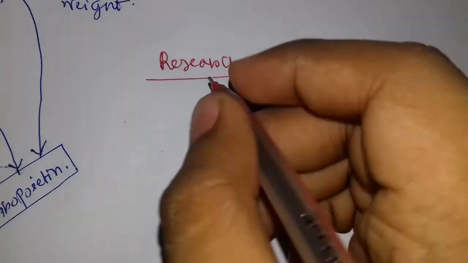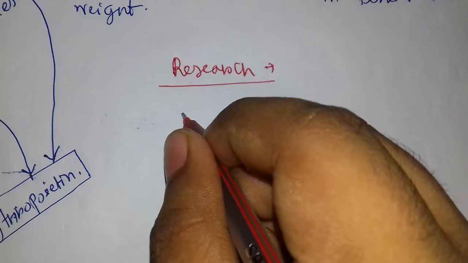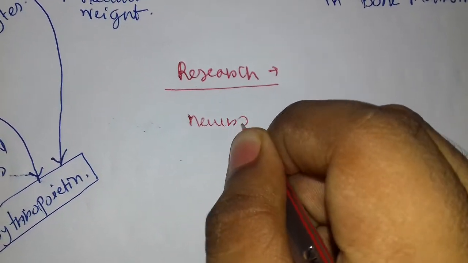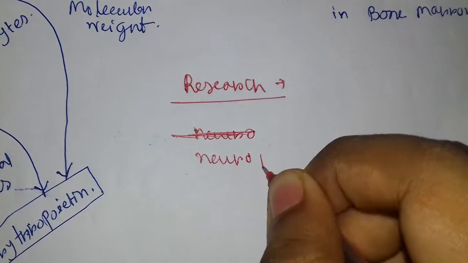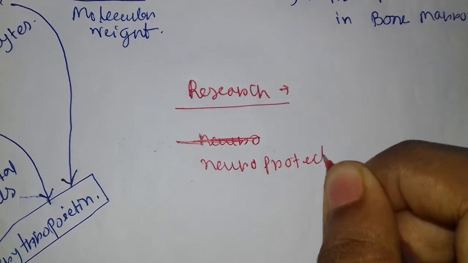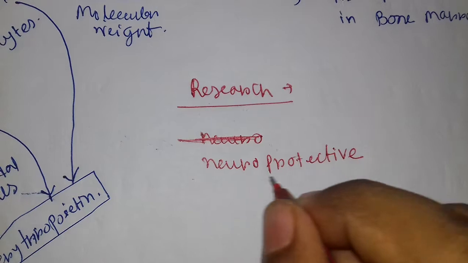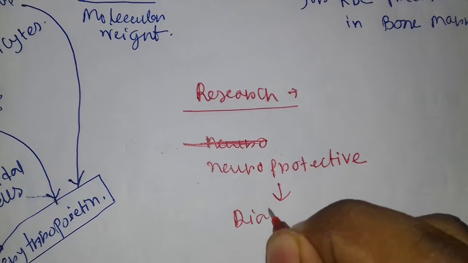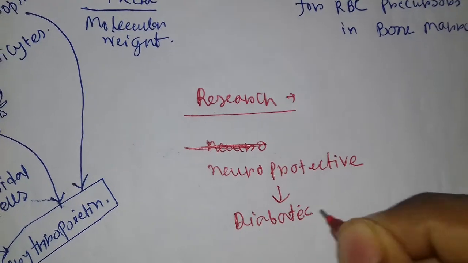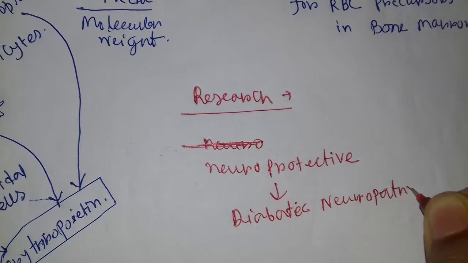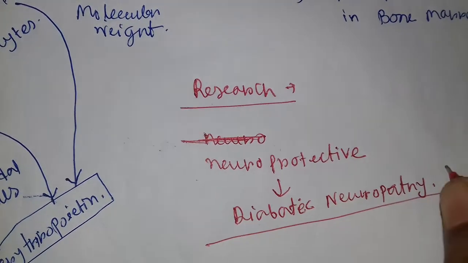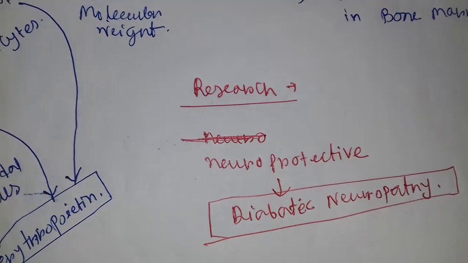Also, some research data shows that it has a neuroprotective property in case of diabetic neuropathy, but it is not well established and not proven clinically till now.